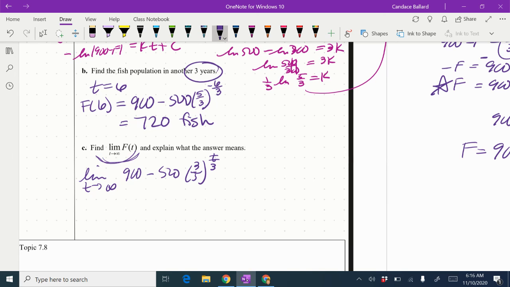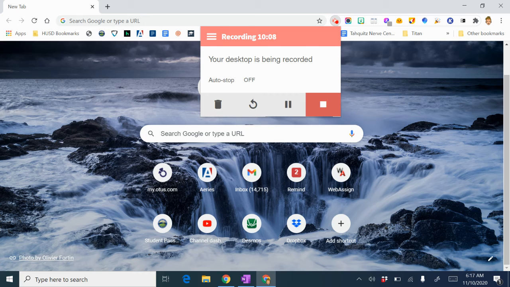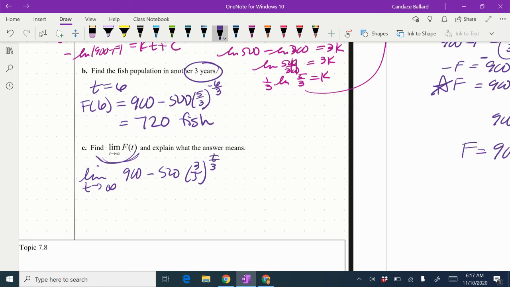So when I go to put infinity in here, I know that no matter what number I put in there, if I make it a big number, it's going to make the denominator grow bigger. So this would grow bigger than the numerator, meaning that if the denominator is growing bigger than the numerator, this term here is 0.